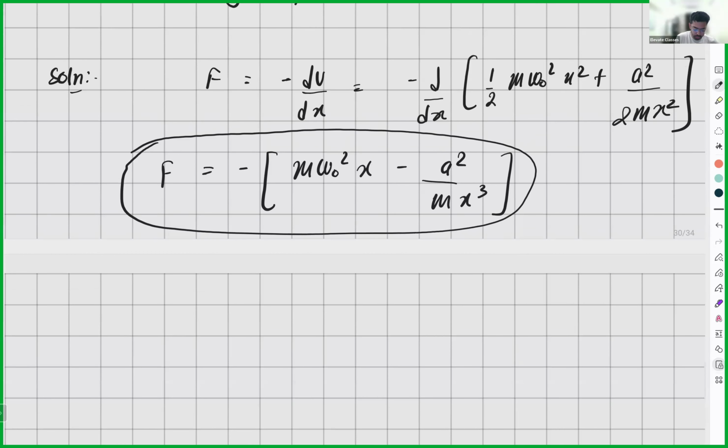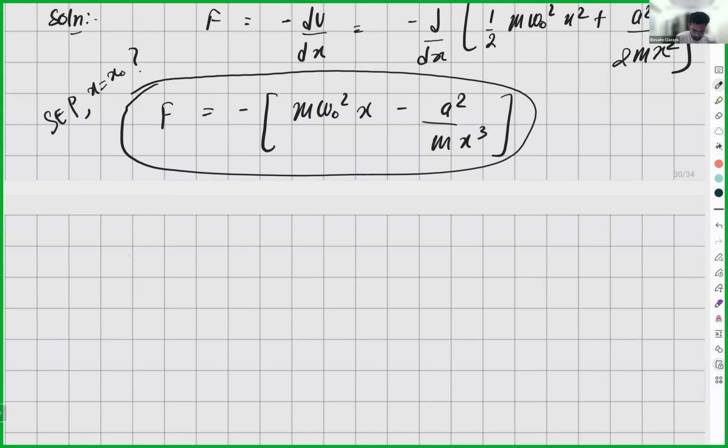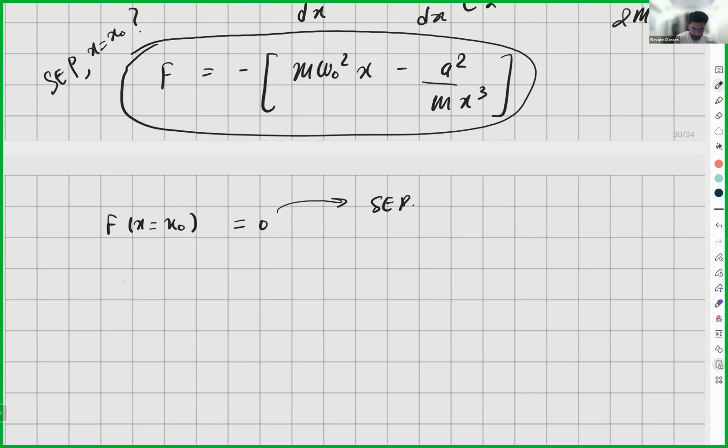And using this force, you calculate what is the stable equilibrium point. So you put x equal to x naught and say that it is 0 because it is the stable equilibrium point or the mean position. So minus m omega naught square x naught minus a by m x naught cube equals 0.